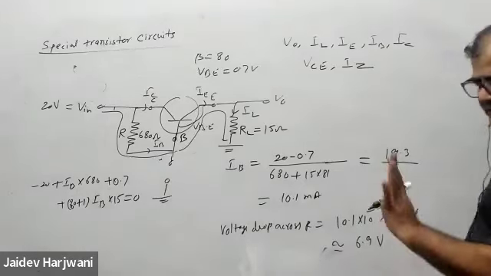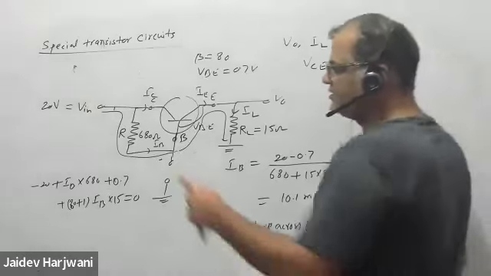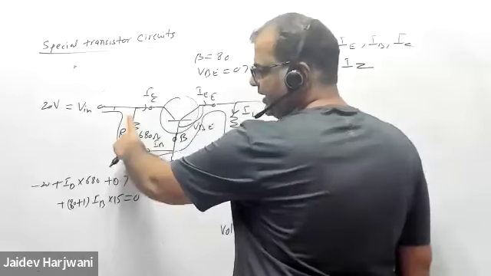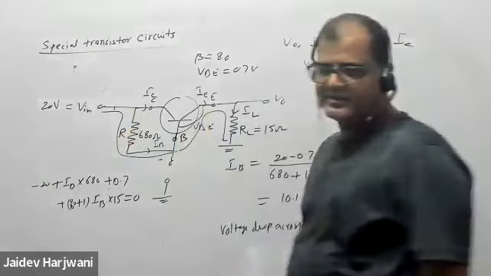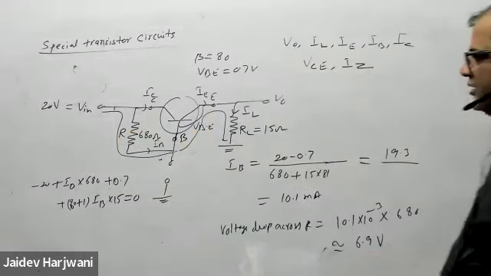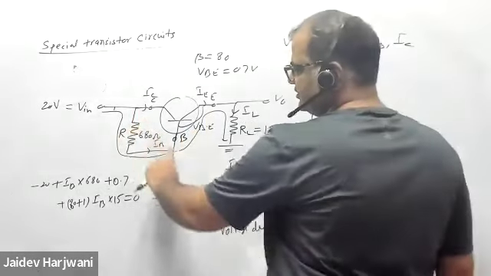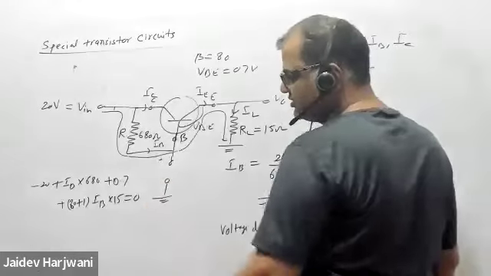Okay. So the idea is 20 minus 6.8 gone. How much remaining here? Around 13. Suppose this is 7 volt, so 7 lost here, so this is coming 13. This means Zener is on.